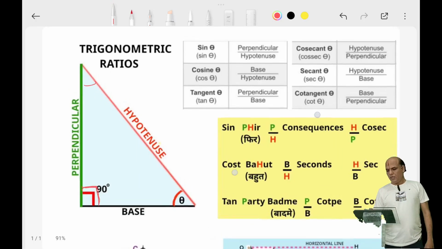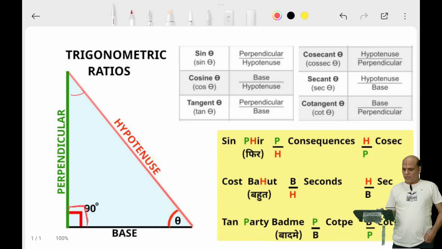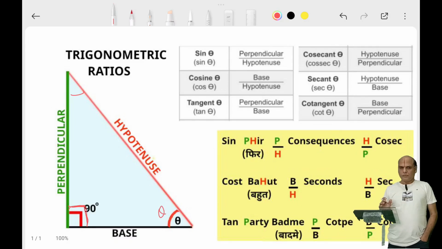Okay. Now, when you take such a triangle and consider an angle theta, it is found mathematically that the ratio of any two sides of this triangle are constant.